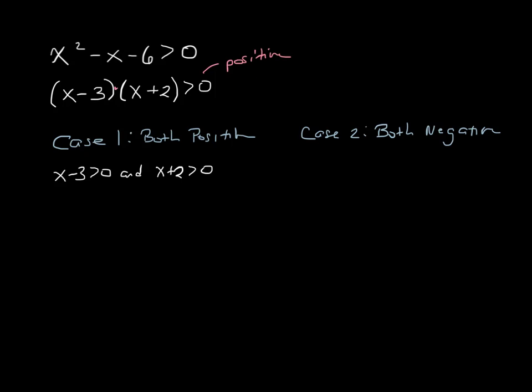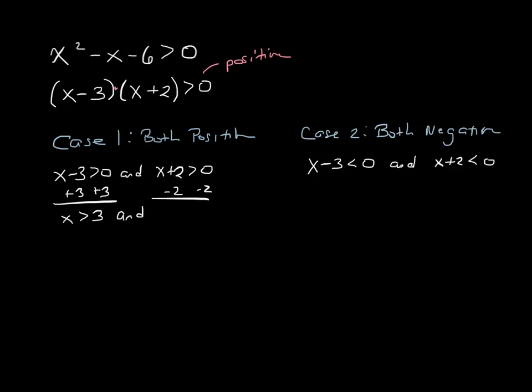Whereas if we want to say that they're both negative, we would say x minus 3 is less than 0 and x plus 2 is less than 0. Okay, let's just focus on case 1. If we add 3 to both sides, we get that x is greater than 3. And if we subtract 2, we get that x is greater than -2.